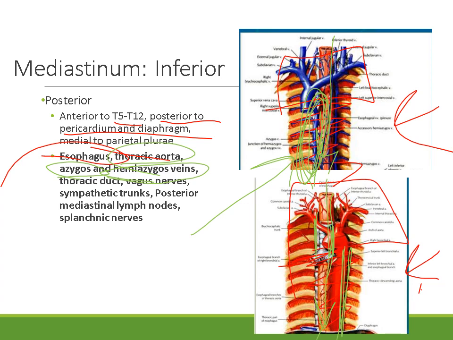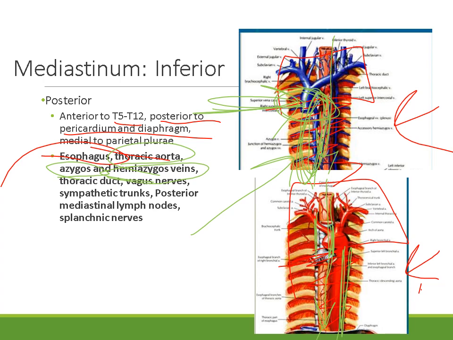The azygous vein collects blood from the intercostal veins on the right side. And then it flows all the way up and it curves into the back of the superior vena cava. So right at about this level right here, the azygous vein comes up and into the back of the superior vena cava.